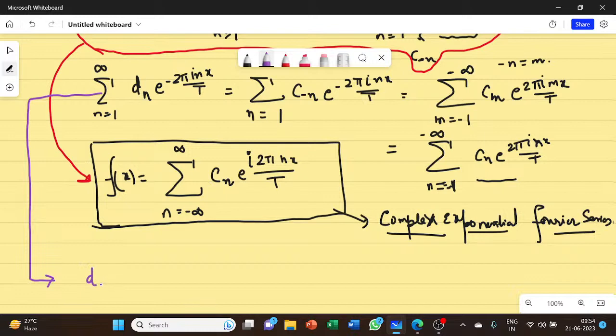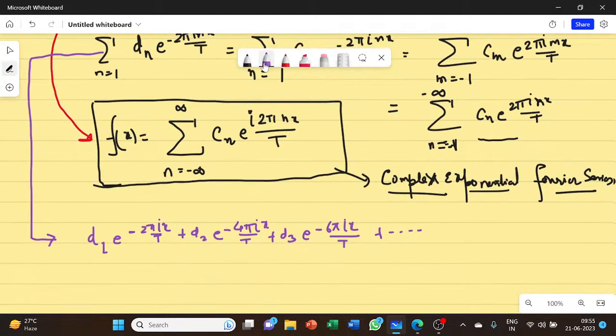I'll write it as d_1 and this will be e power minus 2 pi iota x upon T. Then d_2, this will be e power minus 4 pi iota x upon T. This will be d_3 e power minus 6 pi iota x upon T. So basically what I have done is I have tried to write it as a different constant. So let me write not d_1 but c_1, because after all these c_n's are just constants.